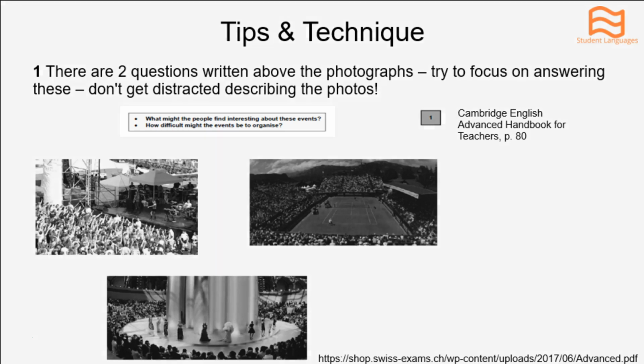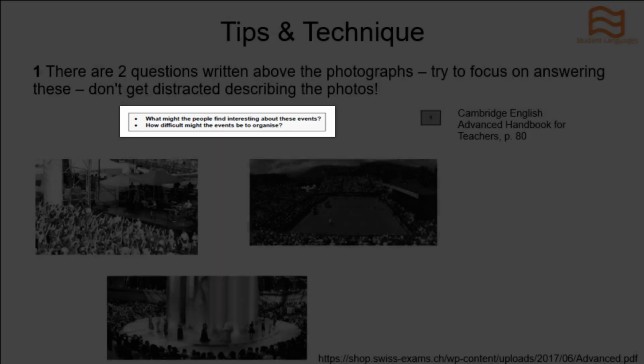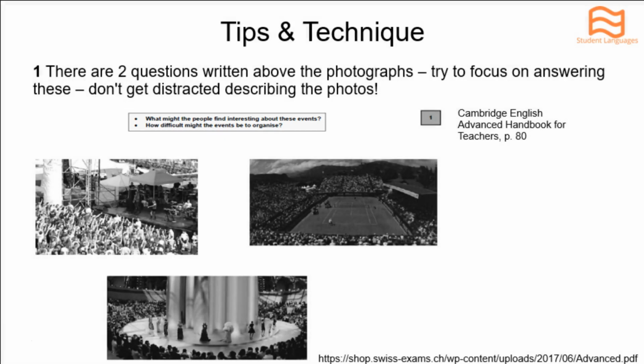You'll also notice there are 2 questions written above the photographs. And you need to really try and focus on answering these questions. Don't get distracted describing the photos. That's not what you're supposed to do. You're not supposed to talk about what you see, but you are supposed to talk about answering these 2 questions and comparing the photographs, which we'll look at in a bit more detail.